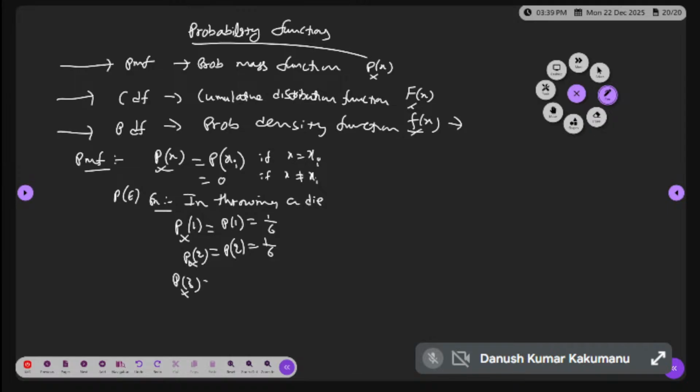PMF of 3, probability of the 3, 1 by 6. Understanding? PMF is just a technical word for the probability of a single event. In the same way, if I say probability of the 6, what is that? 1 by 6.